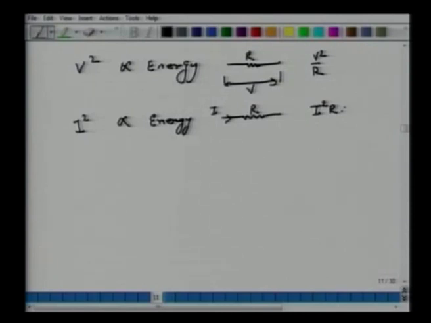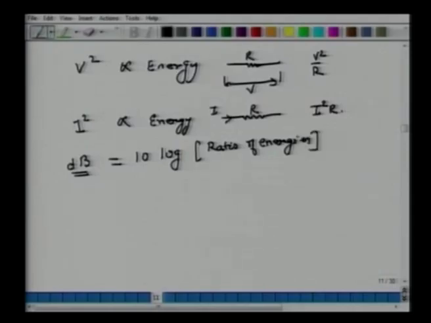So when I am taking ratios, let's call this a decibel, and this is defined as 10 times logarithm of ratio of energies. As energy is directly proportional to V square and also directly proportional to I square, now that we have seen that energy is proportional to the square of voltage or the square of current, we introduce a term called decibels.